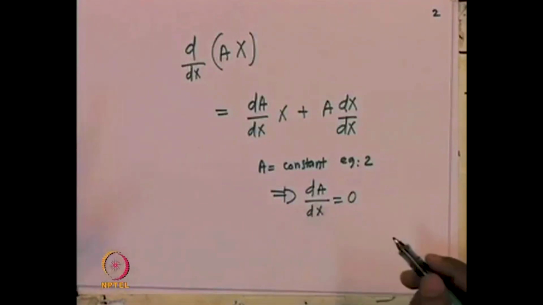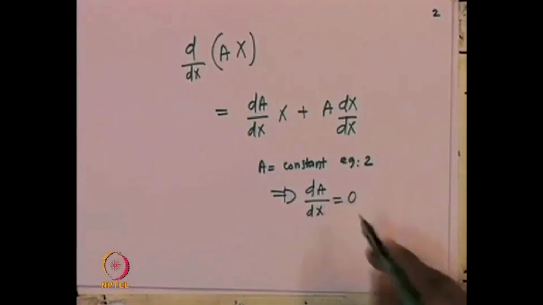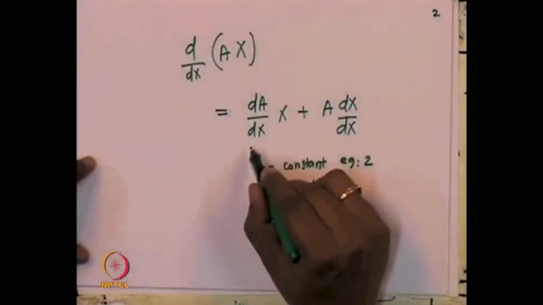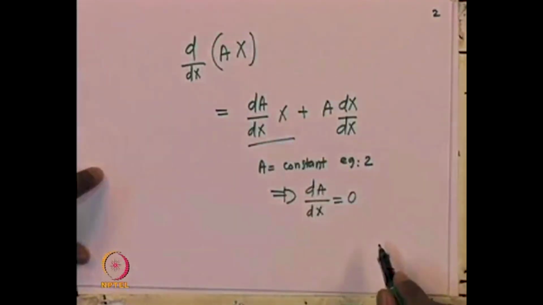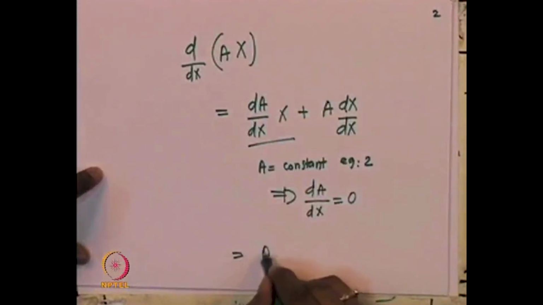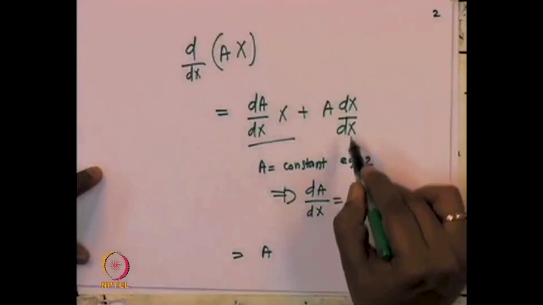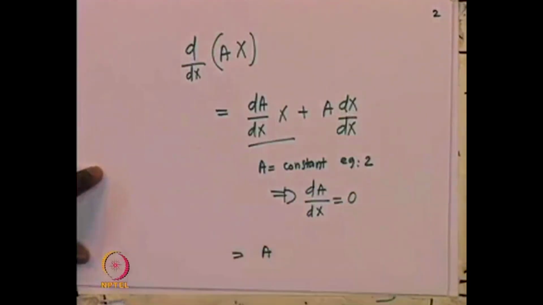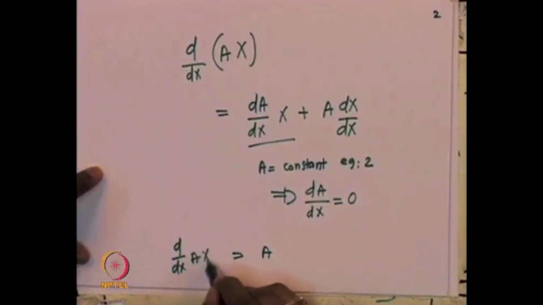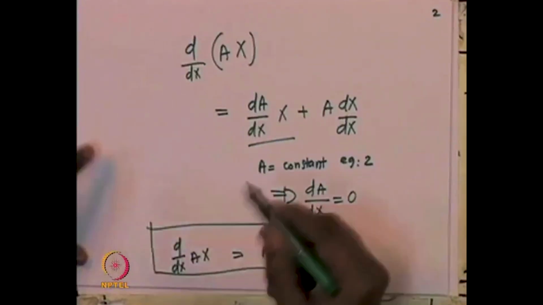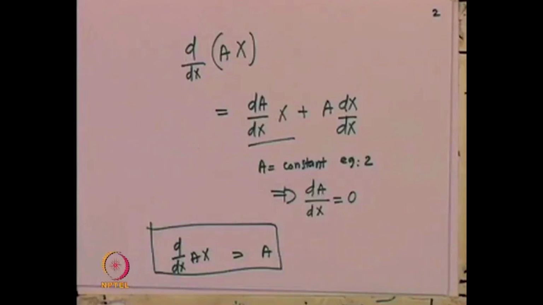If this is 0, this term becomes 0, then your answer is just a times dx by dx, which is 1. So, the answer is a. So, d by dx of ax is just a. This is something we can learn just by applying our product rule.